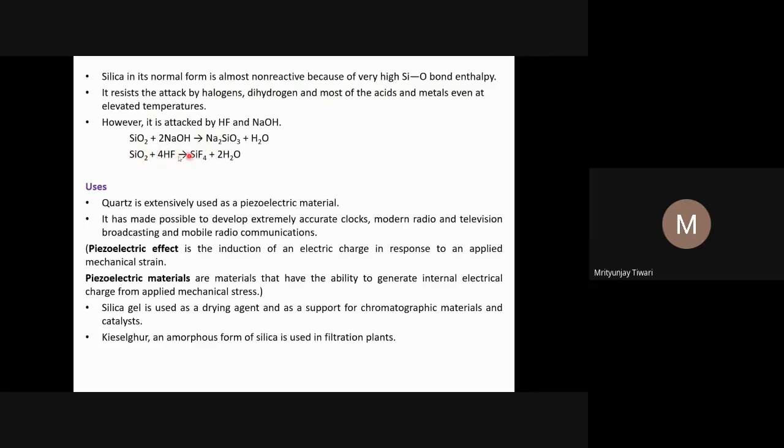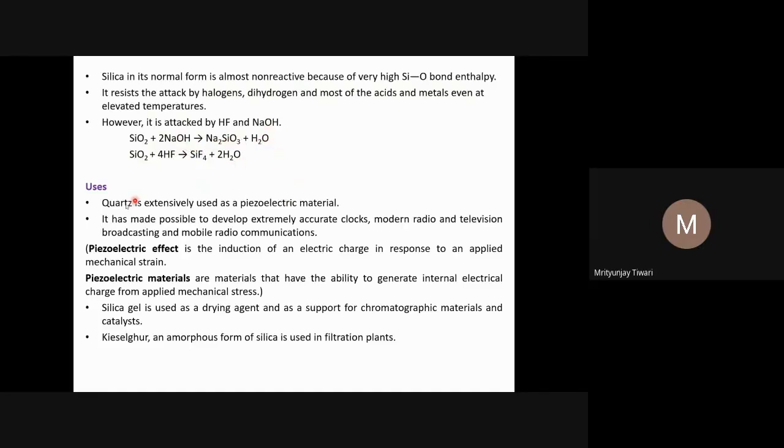So hydrofluoric acid can react with silica to form SiF4 and water. However, silica doesn't react with HCl so easily. So SiO2 plus 4HF gives SiF4 plus 2H2O. Silica similarly reacts with NaOH and forms sodium silicate plus water.